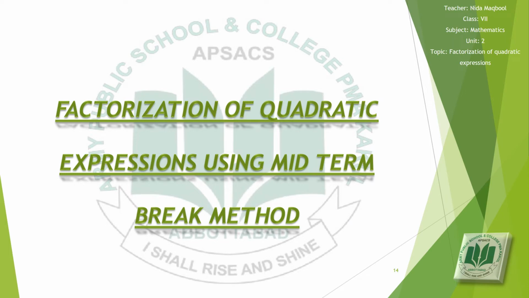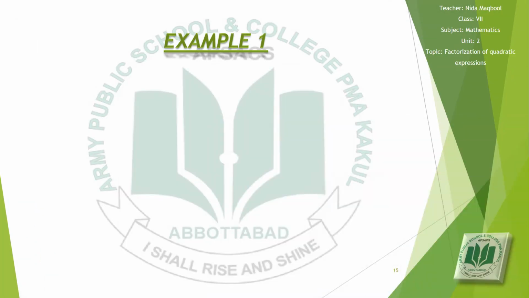The next method is factorization using mid-term break method. I will use 3 different types of quadratic expressions to explain this method. Let us consider a case b squared plus 8b plus 15 in which the coefficient of the squared variable is 1.